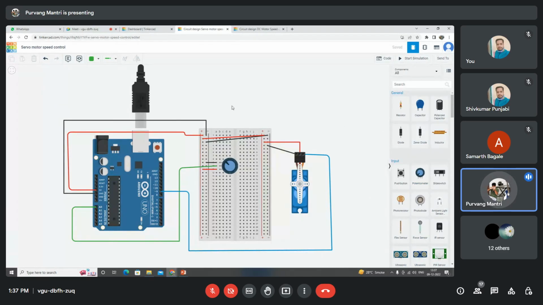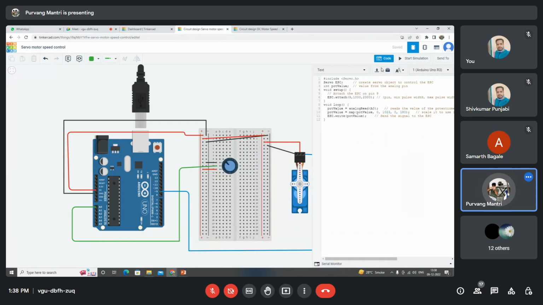This is an electronic circuit because we are using a microcontroller, a sensor, and an actuator. This circuit is used to control the speed of a servo motor using a potentiometer and an Arduino. I've written a code over here. Firstly, we include the servo library.